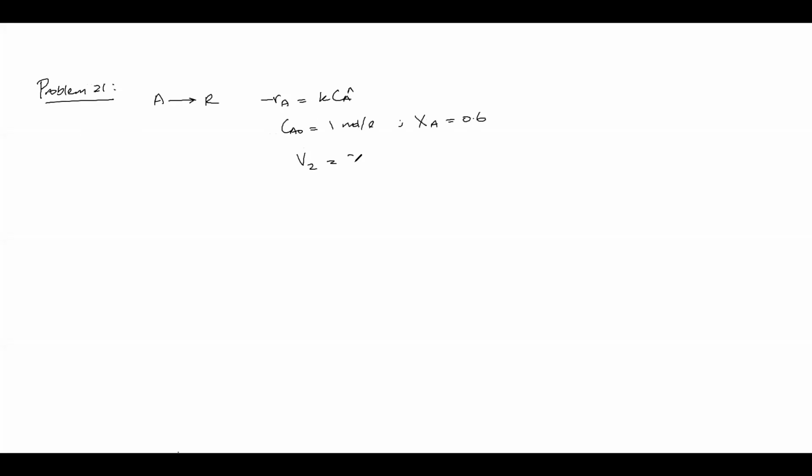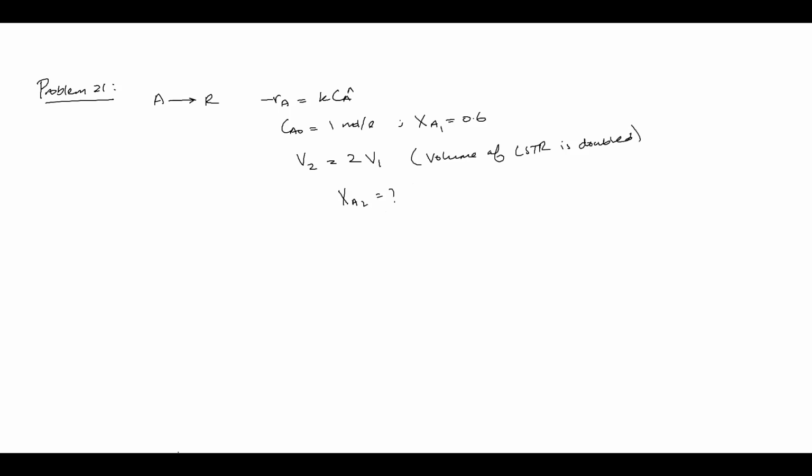So V2 is equal to 2 V1. Determine the new conversion. Let's call this XA1, find XA2, basically.